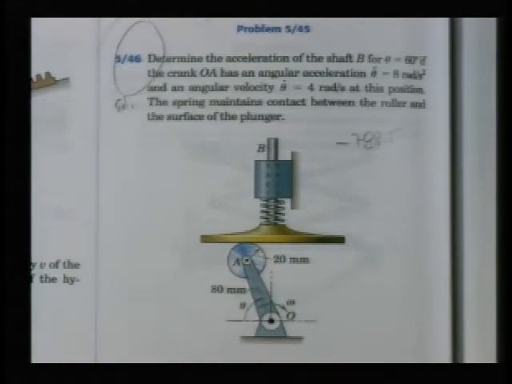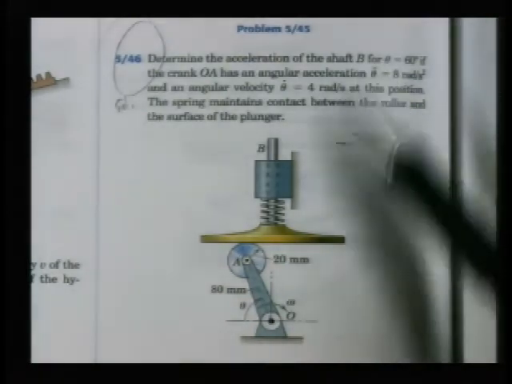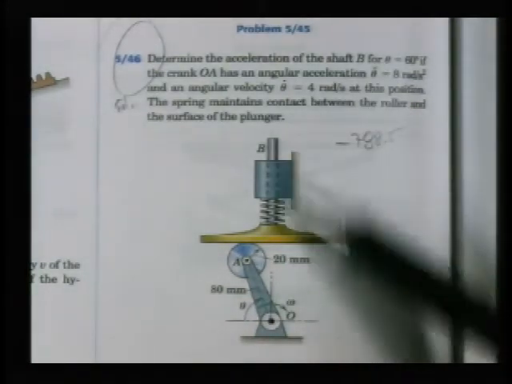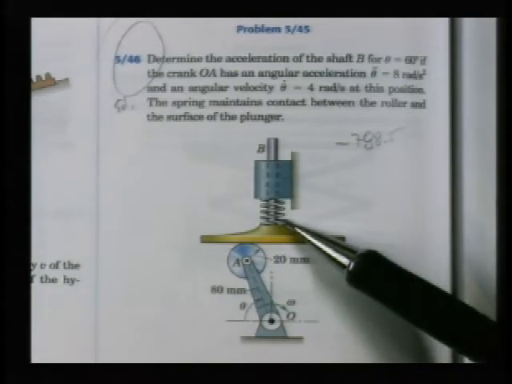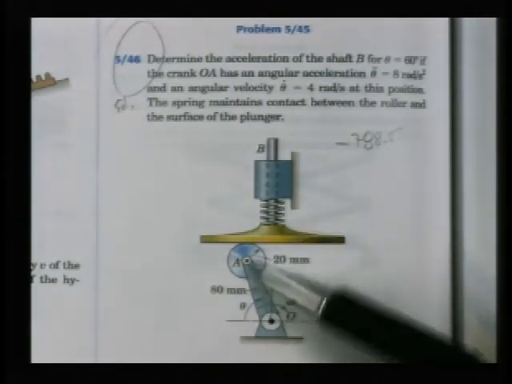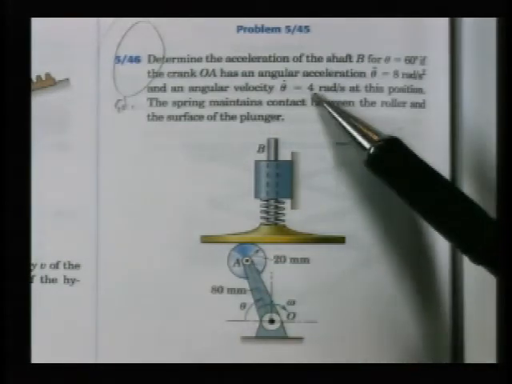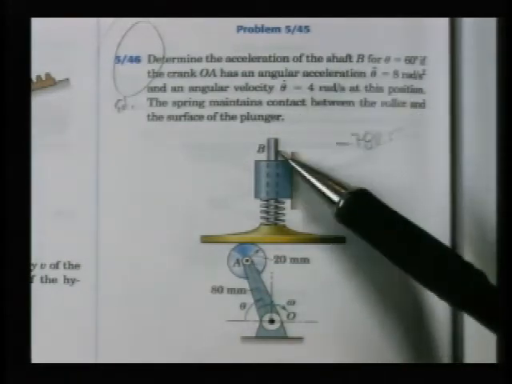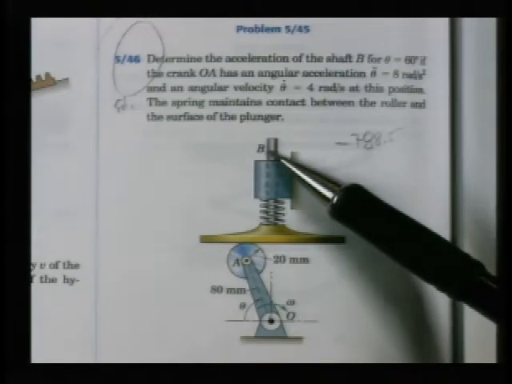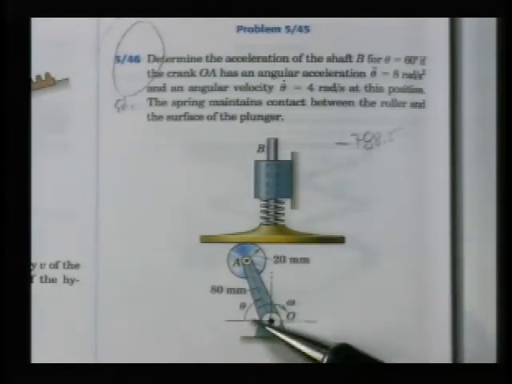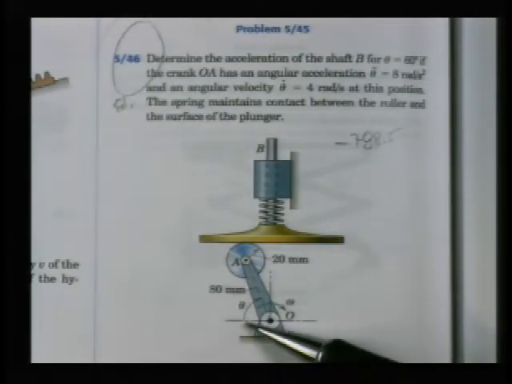What we want to do is determine the acceleration of this shaft, B here. It's got a spring in there to keep it pressed down against this arm. So we want to find the acceleration of this shaft B when theta is 60 degrees, measured off the left-sided horizontal.